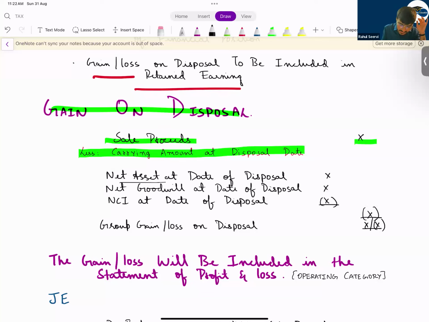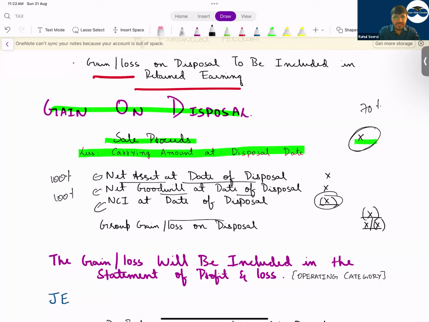Net asset at date of disposal, 100%, plus goodwill at the date of acquisition, 100%. Then we reduce NCI at the date of disposal. Why? Because the amount we are receiving belongs to the 70% or 80% which we are disposing of. So it is important that we take net asset on the date of disposal, net of goodwill, less NCI at the date of disposal.